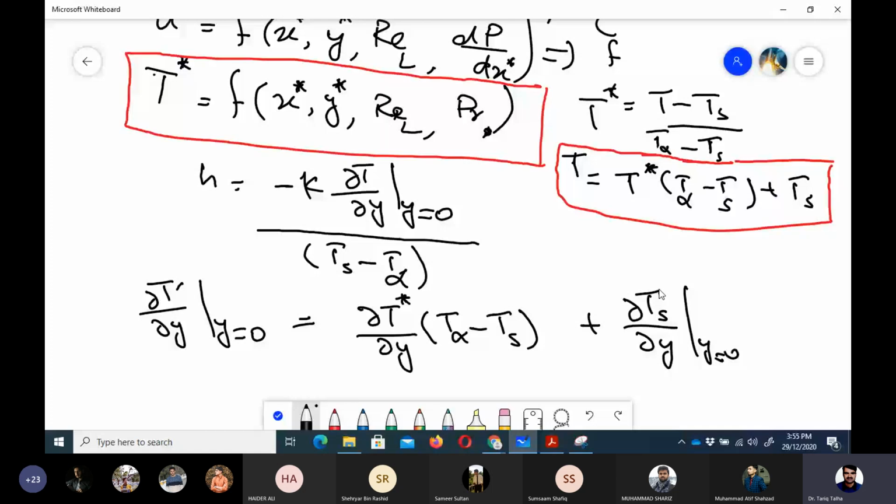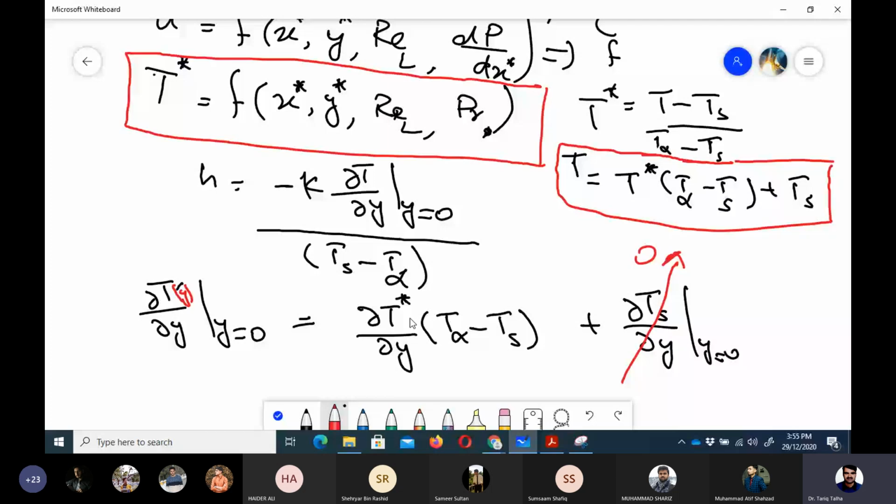So the second term would be equal to 0. Why is that? Because Ts is a constant value, so it is not going to vary with y. The only thing which is going to vary is T, which is a function of y, here it is T star, or here it is also a function of y.